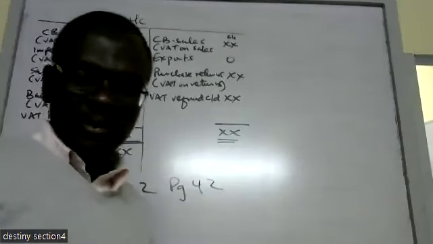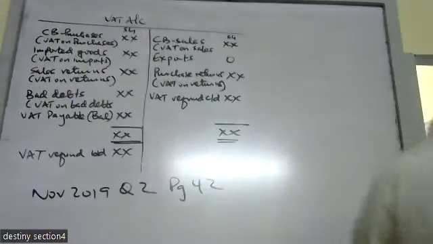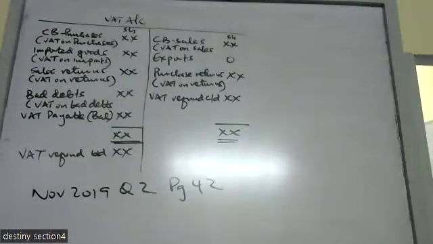November 2019, question 2, is on page 42. Let's start with the theory. There's some nice theory there.